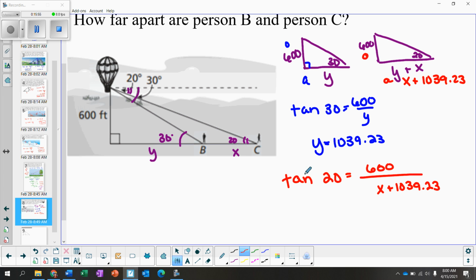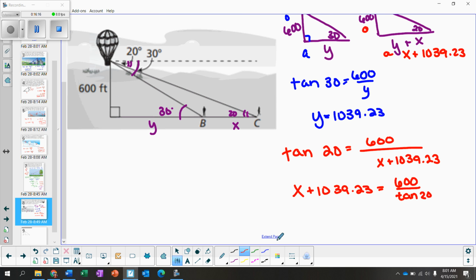So I am going to do a little bit of tricky math here. If this was just an x down here, I would be doing 600 divided by whatever I got here. So what I'm going to do is write x plus the 1039.23 equals the 600 divided by tangent of 20. And I can do this part on my calculator without actually writing down the tangent of 20.